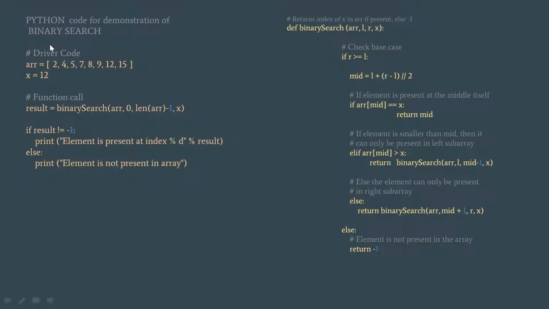The array starts from index 0, 1, 2, 3, 4, 5, 6, 7. This is the 7th index of the array, and this is the 0th index of the array, which we put here and send, and here the array and here the variable.